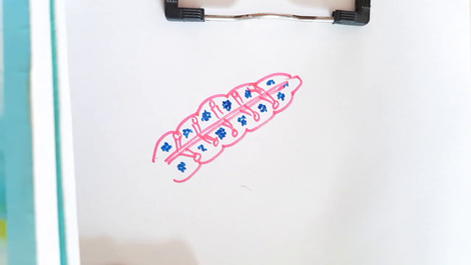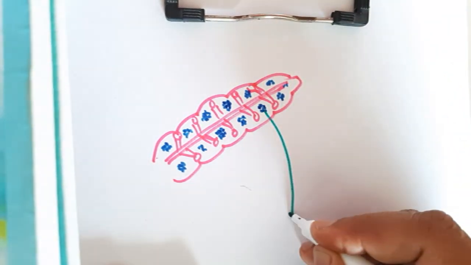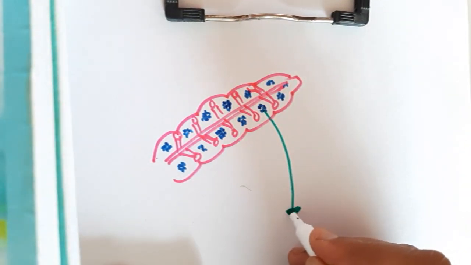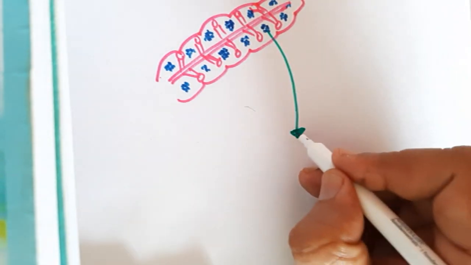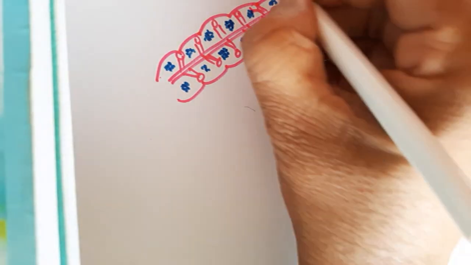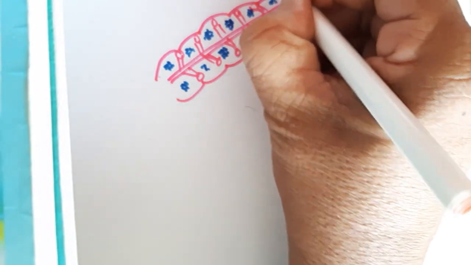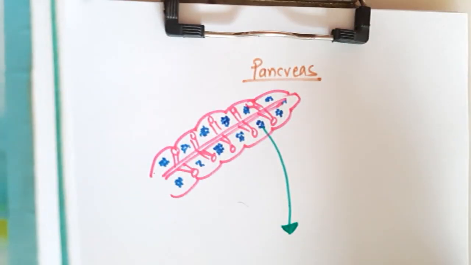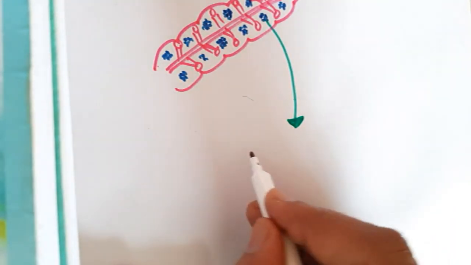If you expand this structure, the islets of Langerhans concern the beta cell only. So I'll expand this. This is the pancreas, and we have a beta cell.